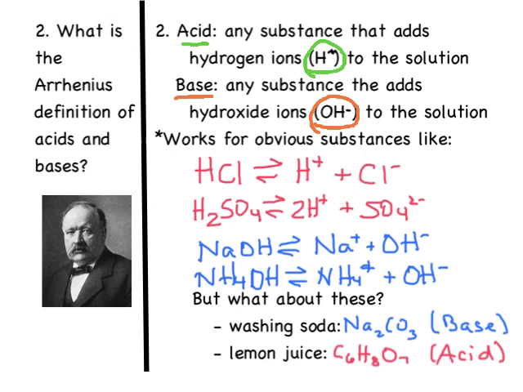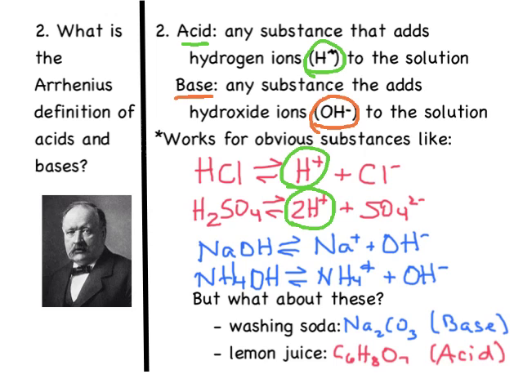So this definition is pretty simple. Acids release the H's, bases release OH's. It works for the obvious substances like these: HCl breaking apart into H+ and Cl-, H2SO4 breaking apart into, again, H+ and then the SO4.